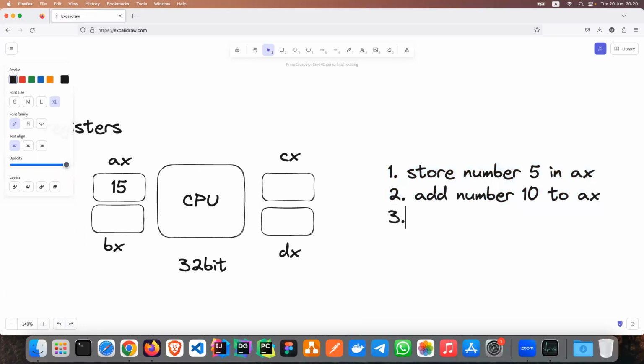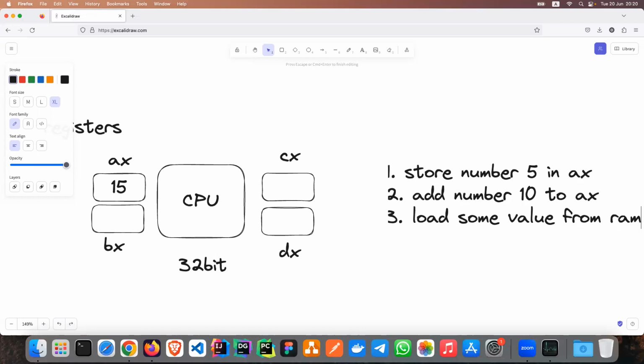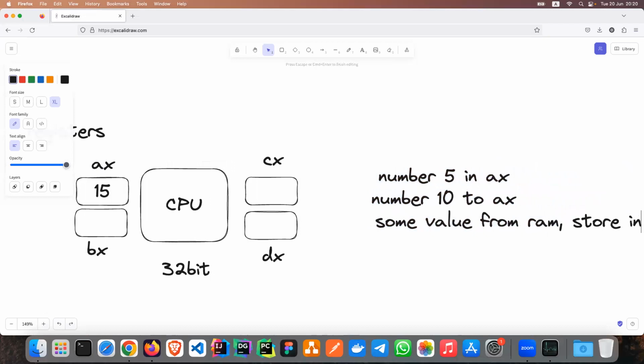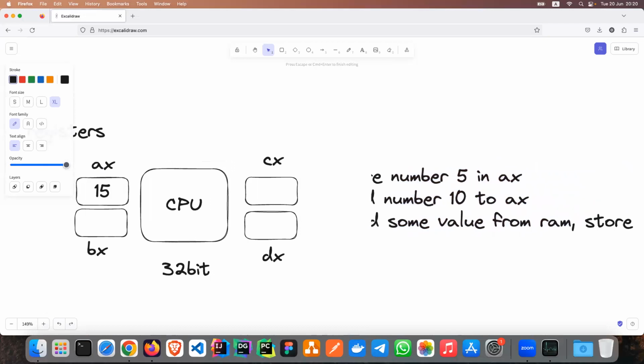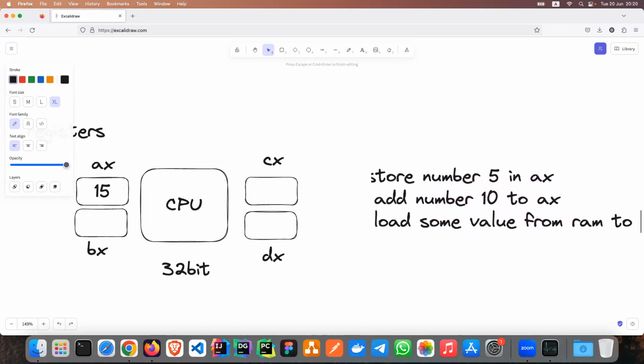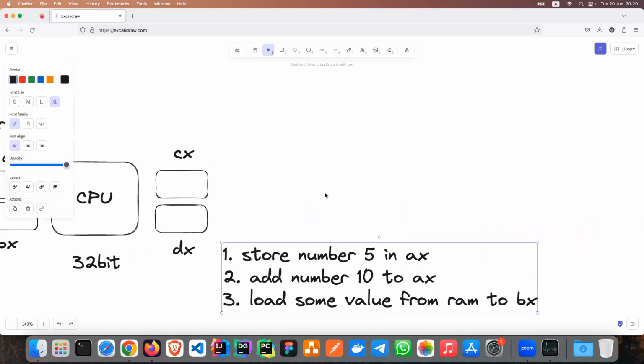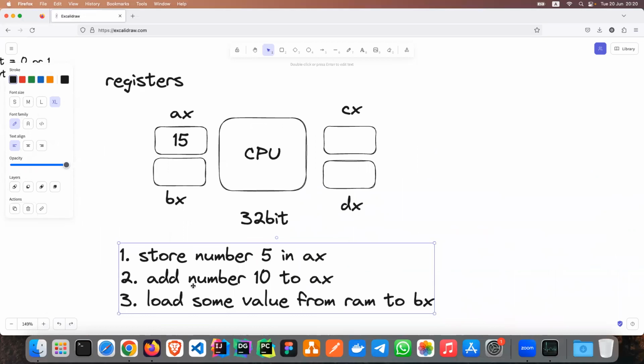We can also say, for example, load some value from RAM and store it in BX. We can also call it like this: load some value from RAM to BX.